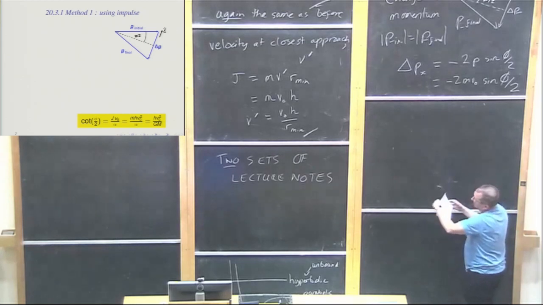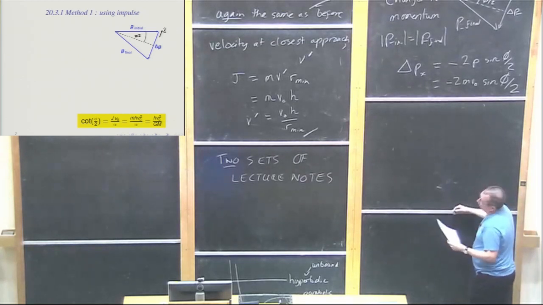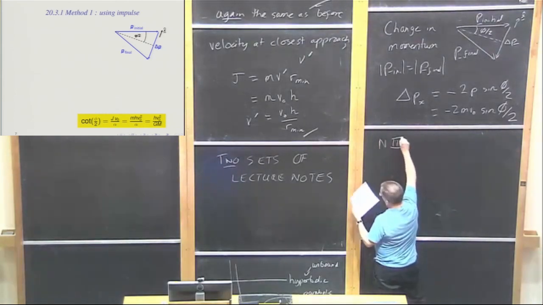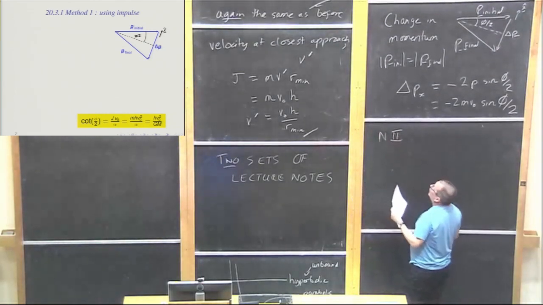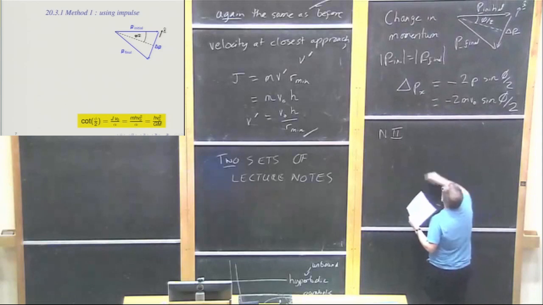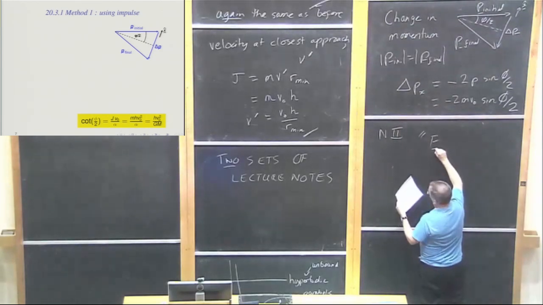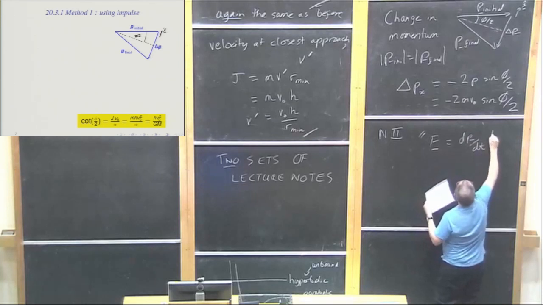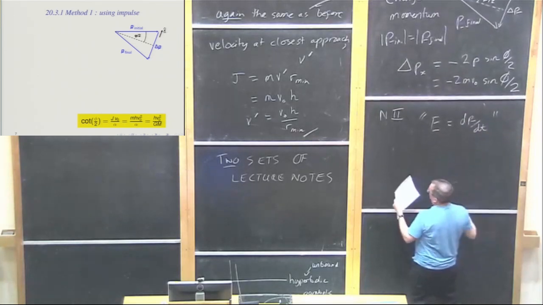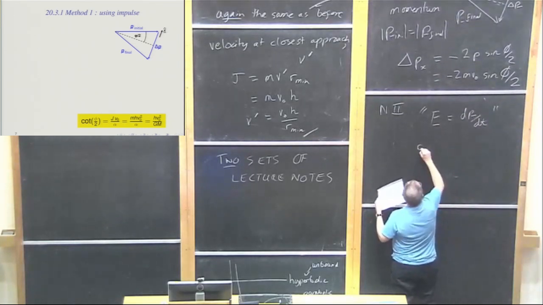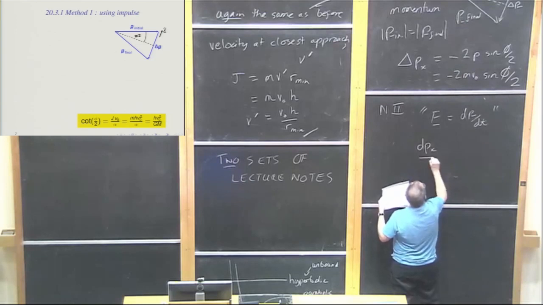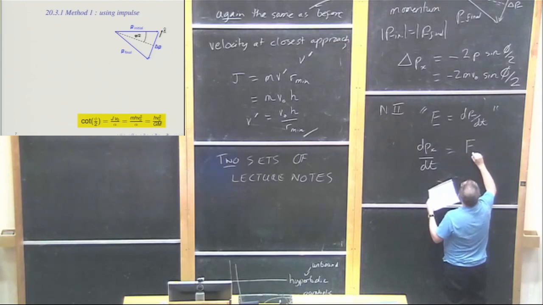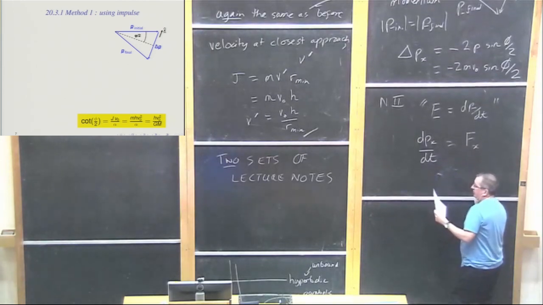change of momentum is. So a good way of getting that is from Newton 2, because force is of course the rate of change of momentum. So in this case the rate of change of momentum in the x direction is equal to the force in the x direction.